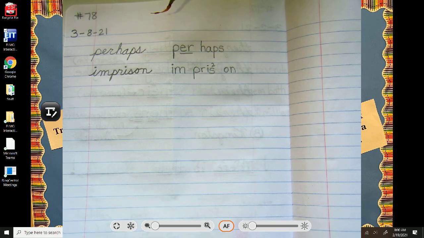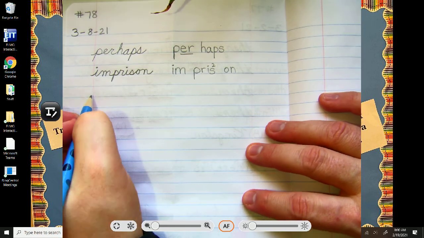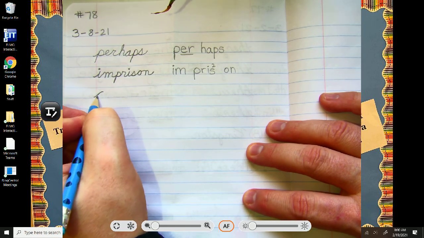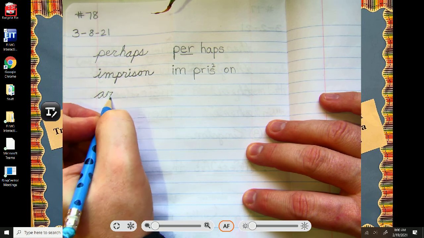And we're ready for our next word. Our next word is arrange.